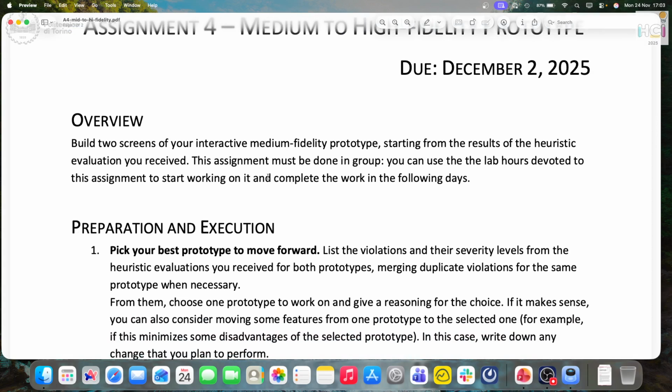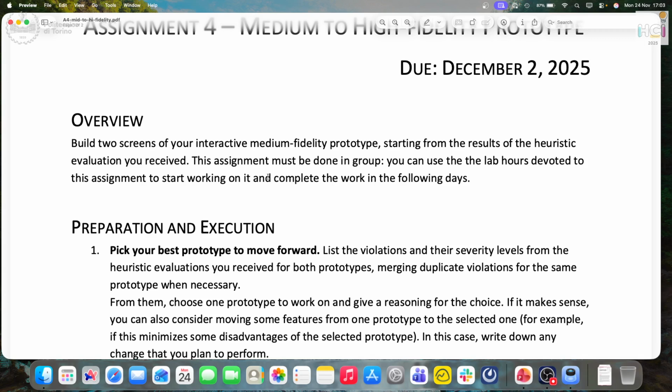What we'll ask in brief is to build 2 screens, just 2 screens, 2 pages of your prototype in medium fidelity. 2 pages, not 11, just 2. Starting from the results of the heuristic evaluation you receive as a group.